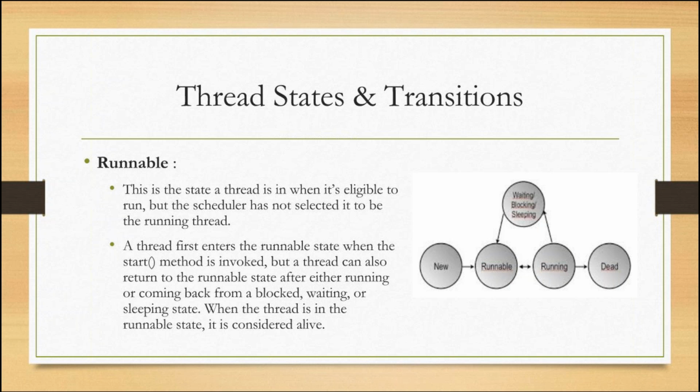It is just waiting to be selected by the thread scheduler. Why so? Because when we call the start method, the thread won't immediately start with the execution. It will register with the thread scheduler and wait for its turn, because the processor might be busy executing the instructions of another thread.